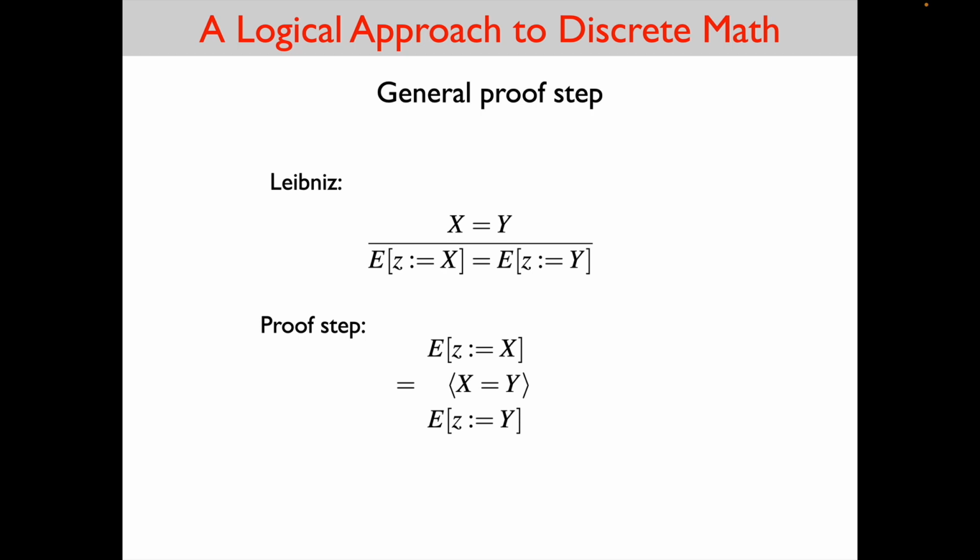What we have is e with 0 replaced by x on one line of the proof, and then in the hint somehow we determine that x equals y, usually using substitution if we need to, and then the line after the hint, below the hint in the proof step, is e with 0 replaced by y.